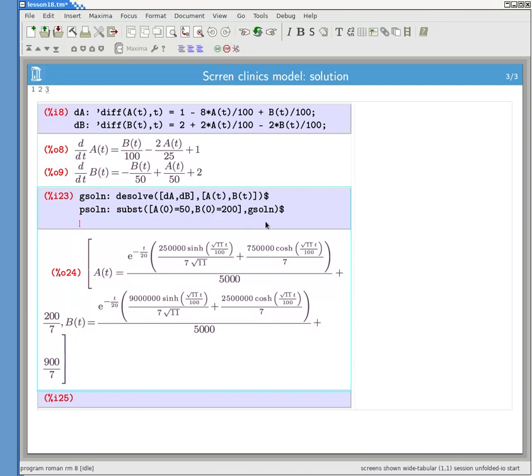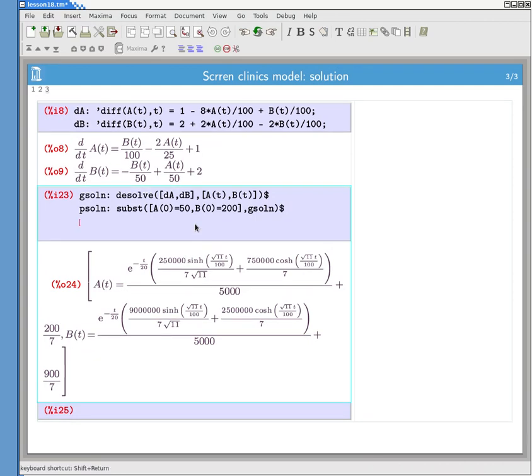So what we will do is we will define something that we'll call PA, and this will be the right-hand side of the particular solution, and namely its first component. And we'll also define something which we will call PB, and this will be again the right-hand side of the particular solution, its second component.